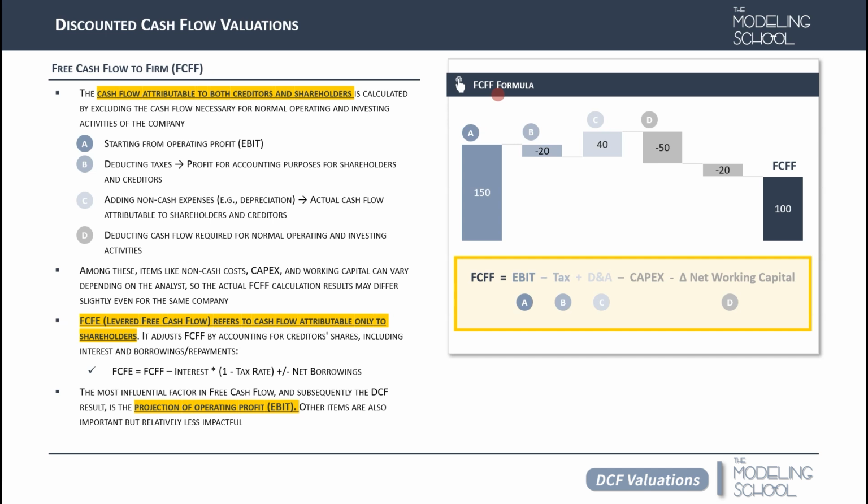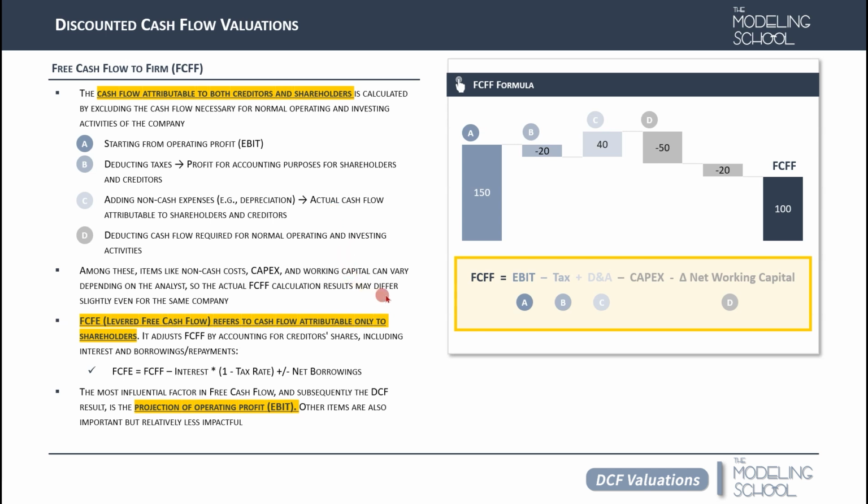What are we trying to calculate? Well, usually you're evaluating stocks, and so the final mission is to calculate equity value or equity value per share, and you want to compare it to the current share price and decide whether the stock is overvalued or undervalued.